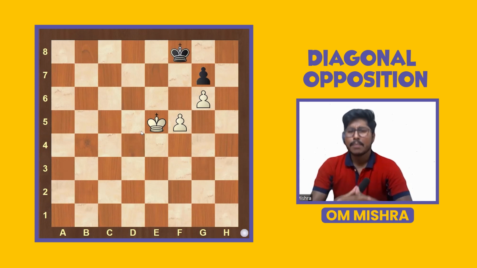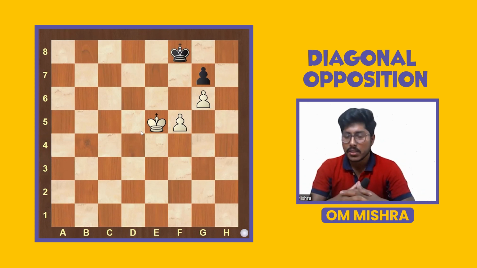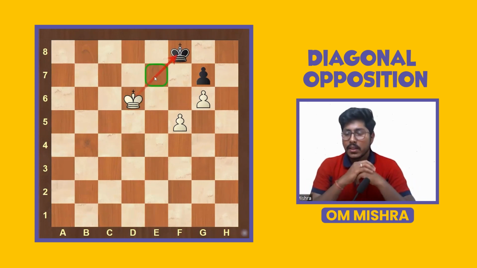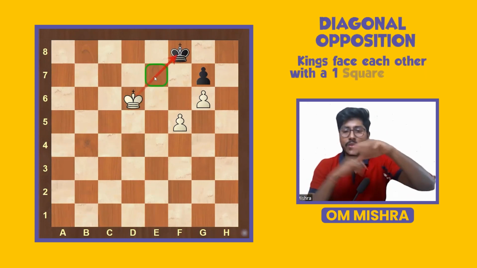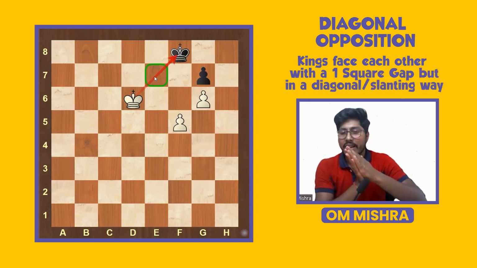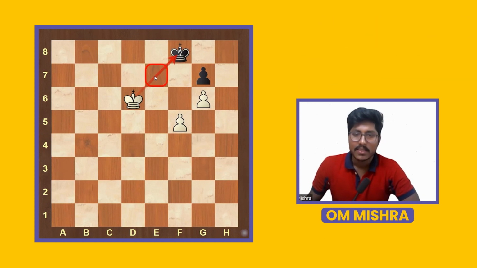Yes, it is exactly the same as the direct opposition, with one square difference between the two kings, but in a diagonal or slanting way. Got it? So when the kings have the distance of one square, similar to the direct opposition but in a diagonal manner, that leads us to a diagonal opposition.